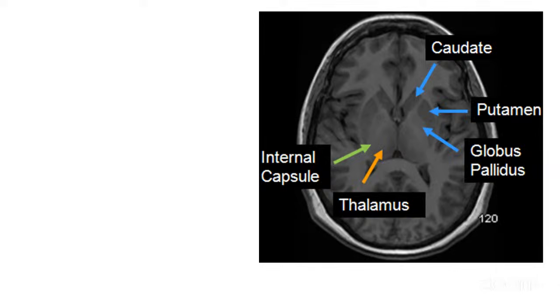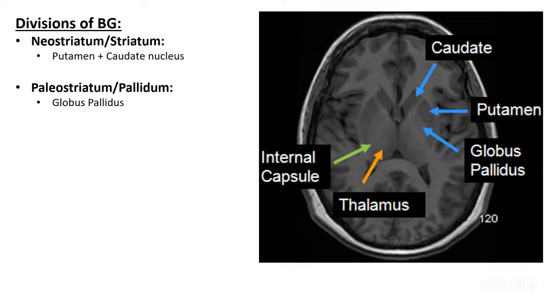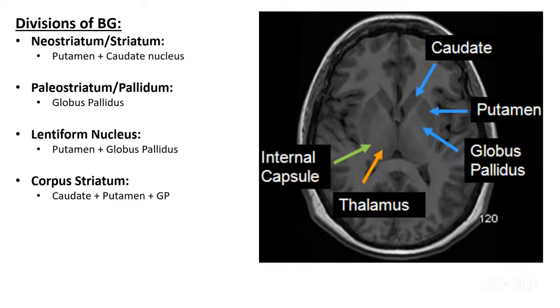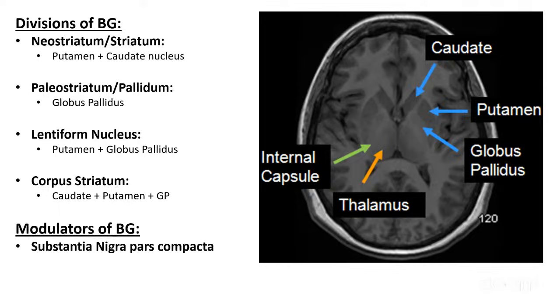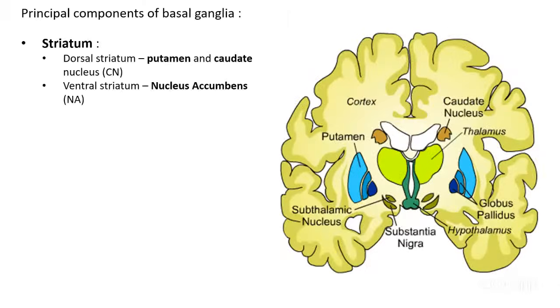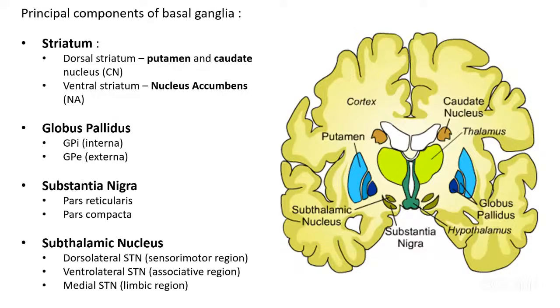Yes, sir. So basal ganglia consist of various nuclei, including caudate nucleus, putamen, globus pallidus. Globus pallidus has two parts: globus pallidus interna and externa. Then thalamus, subthalamus and substantia nigra, pars compacta and pars reticulata.